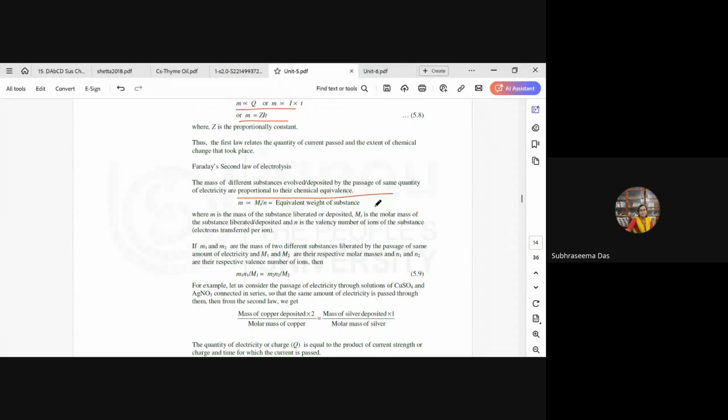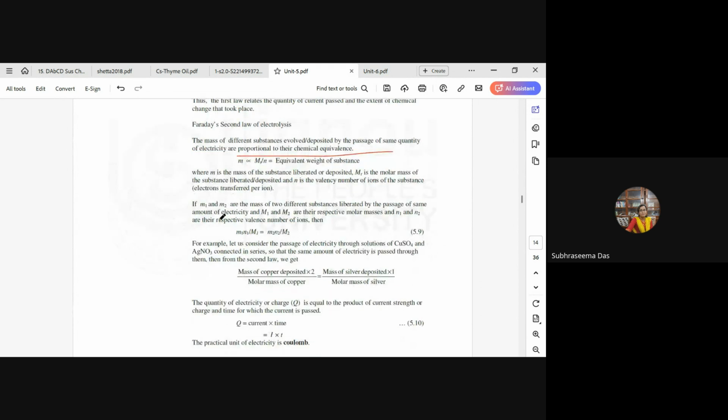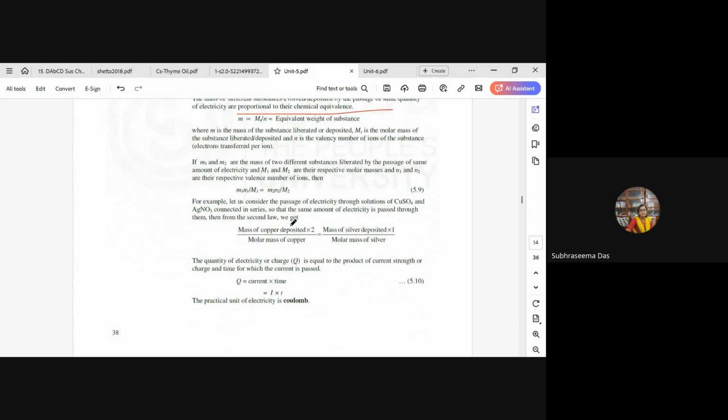The equivalent weight is given as capital M, the molar mass of the substance, divided by n, the valency of the ions of the substance. So if we have two different masses m1 and m2, and capital M1 and capital M2 are the respective molar masses, then according to this law, m1 by M1 n1 is equal to m2 by M2 n2.